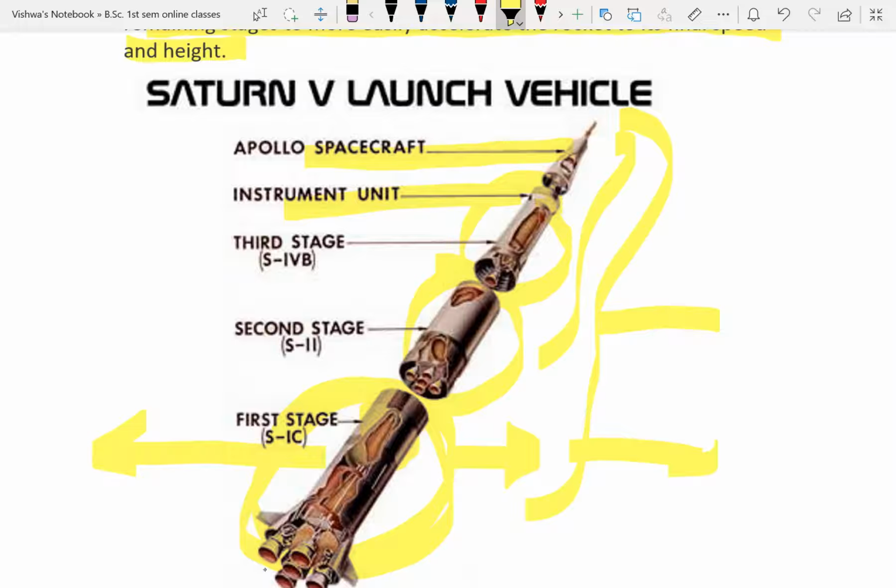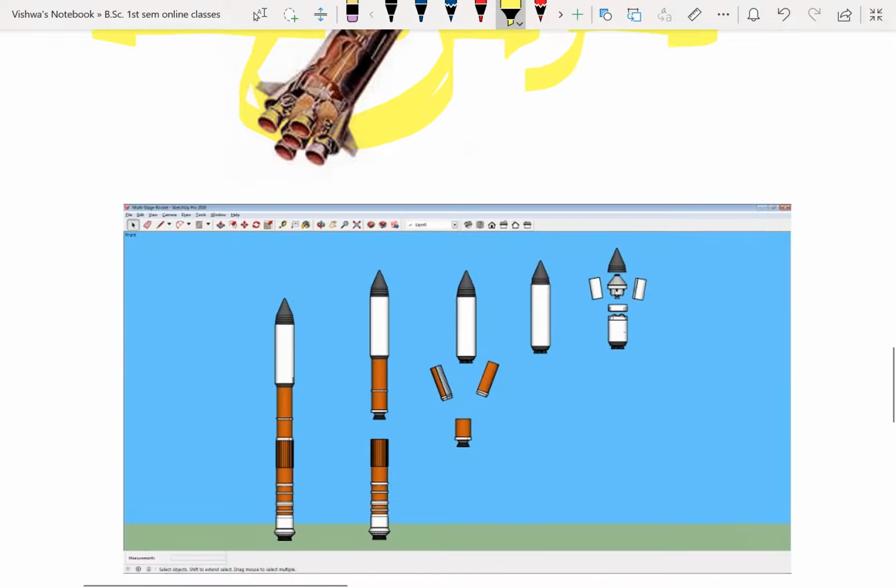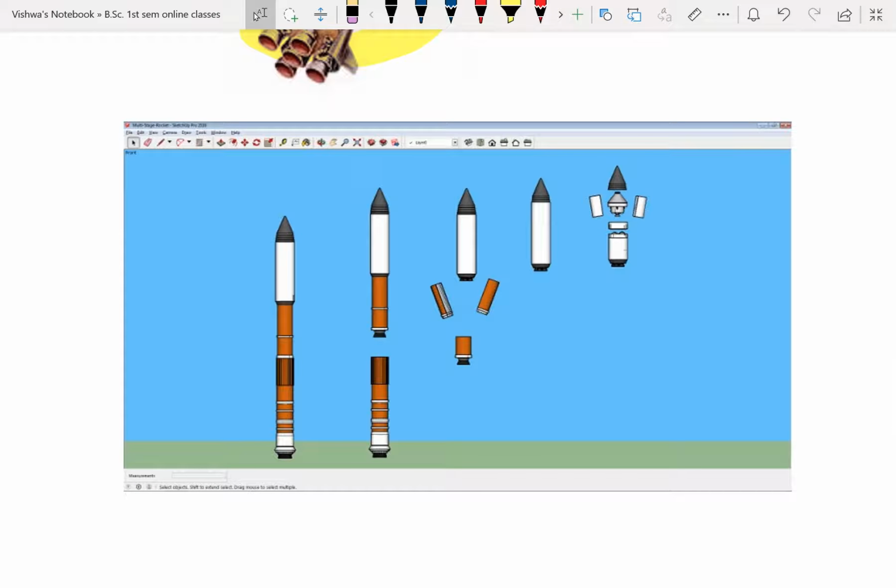Similarly, when all the second stage fuel is burned out, it is also removed, and the next stage starts working. Like that, a number of engines attached in a single vehicle is what we call a multi-stage rocket.